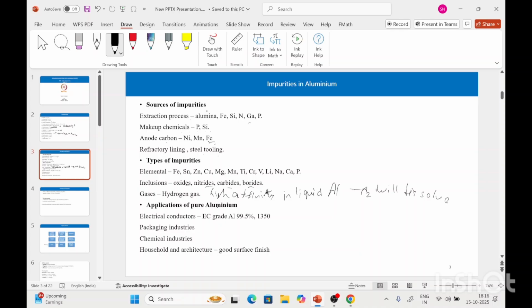The applications of pure aluminum are in electrical conductors. The aluminum grade used as an electrical conductor is the EC grade of aluminum, which has 99.5% purity, and its code is 1350. Then in the packaging industry, it can provide heat insulation.